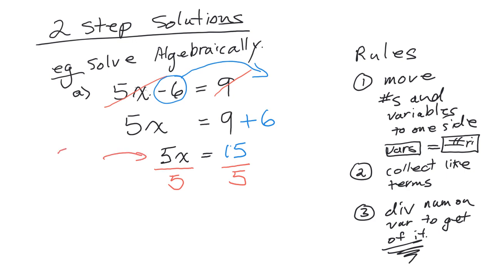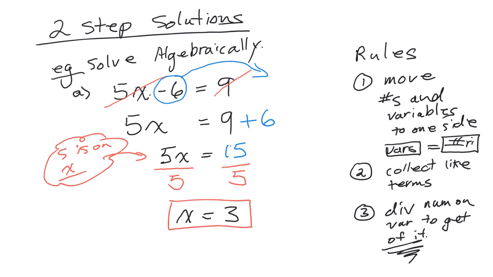So we divide both the 5x by 5 and the 15 by 5, right? Just remember, if you see 5x, it really means 5 times x. So now when we cancel out the left side, 5 divided by 5 is 1, which is nothing, which means we have x is equal to, well, 15 divided by 5, which gives us 3. And we're done.